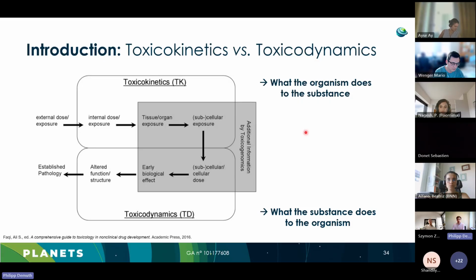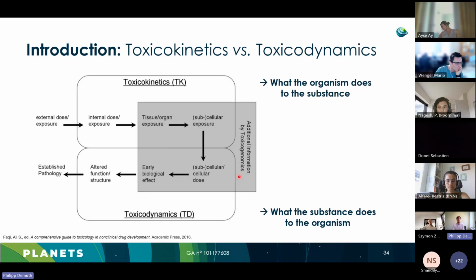As opposed to toxicodynamics, toxicokinetics investigates how an external dose or exposure relates to an internal dose. So in general, what the organism does with the substance. Toxicodynamics is where we are interested in the interaction of the substance with the organism that can lead, for example, to adverse effects.